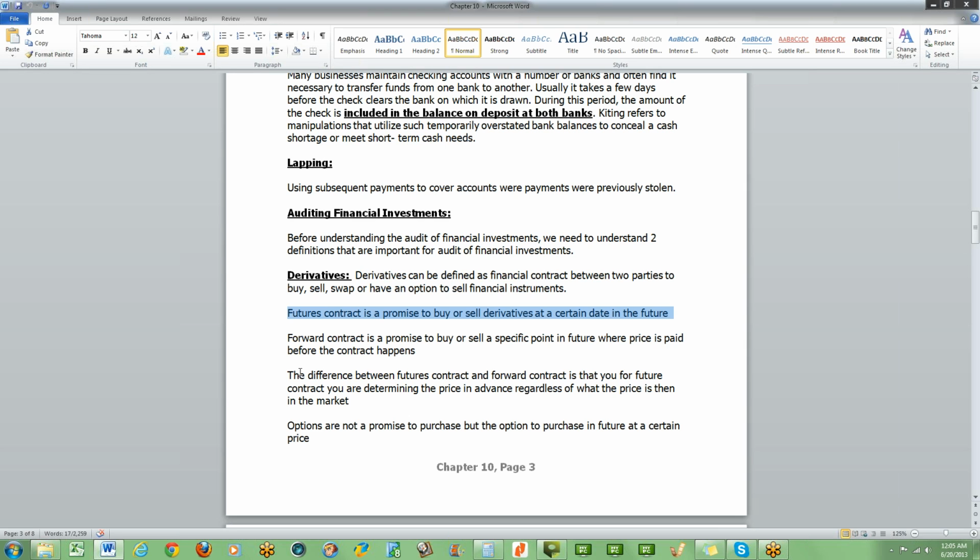Okay, now the difference between future and forward is that you pay for a future contract, you are determining the price in advance regardless of what the price is then in the market. Okay, you already decided that price.